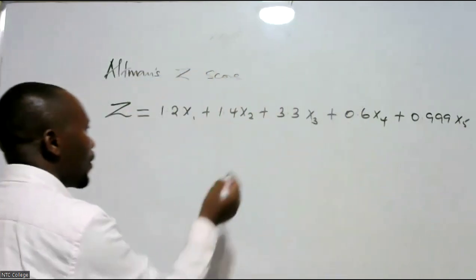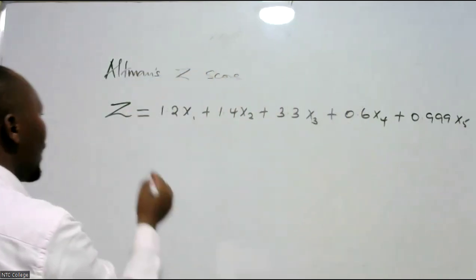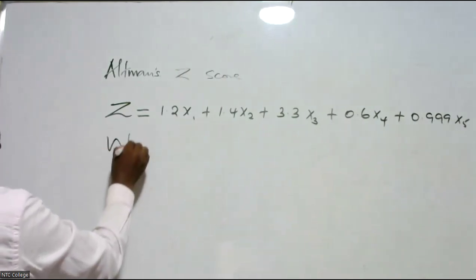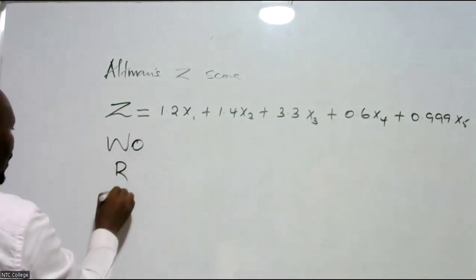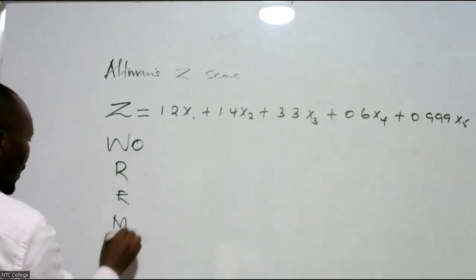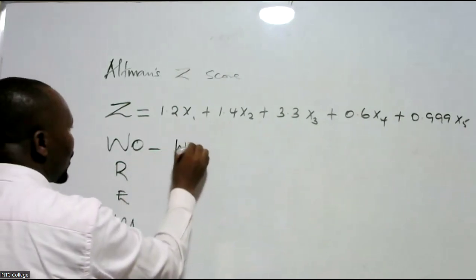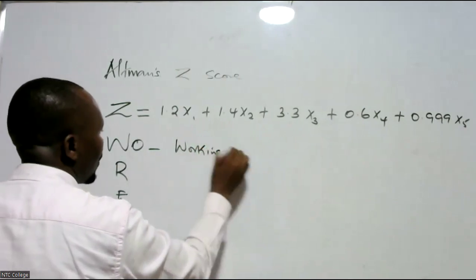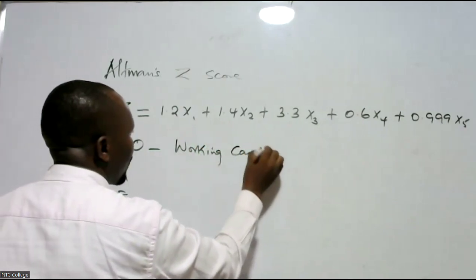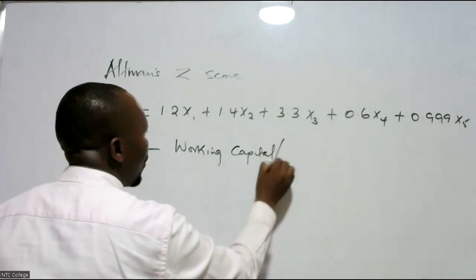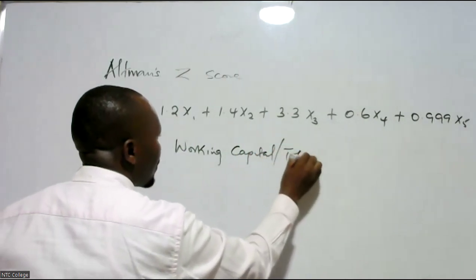Ordinarily, it is normally gotten like this. So we're saying that this one is working capital. Of course, it is net working capital all over total assets.